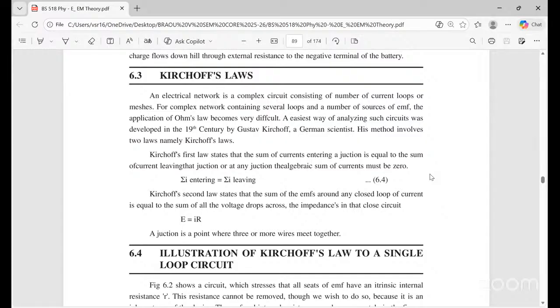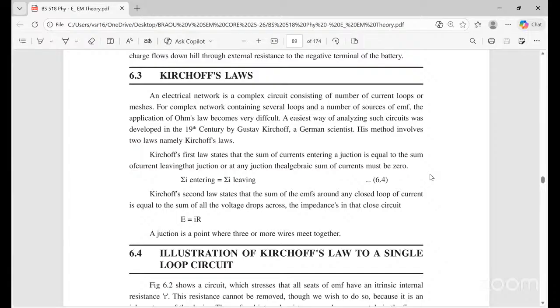Or, the algebraic sum of the currents meeting at a point equals 0. So summation of I entering equals summation of I leaving.